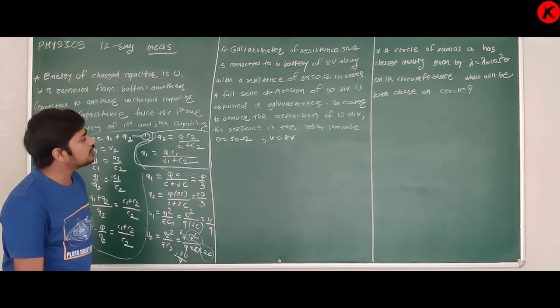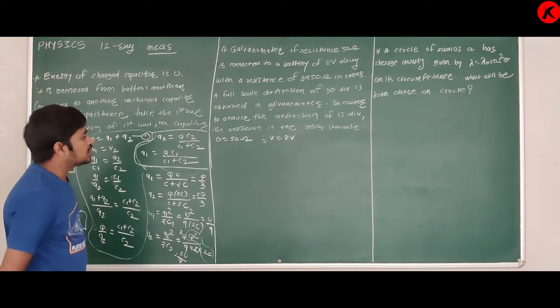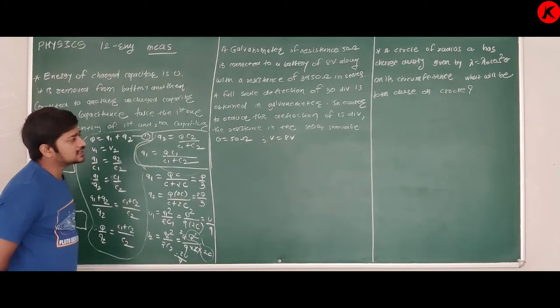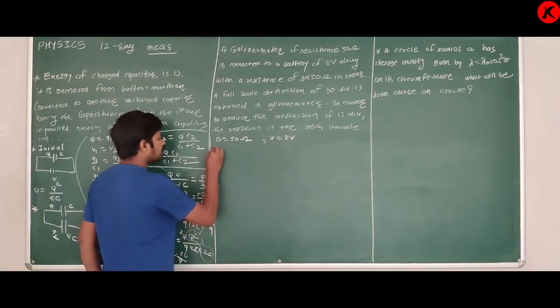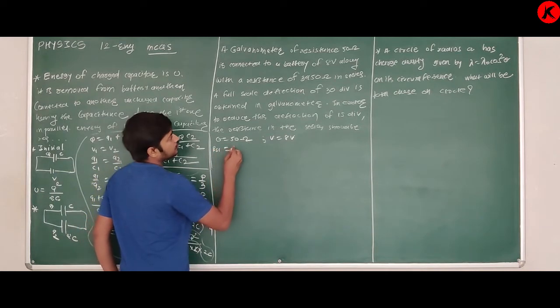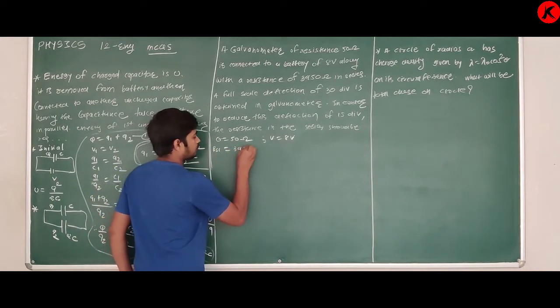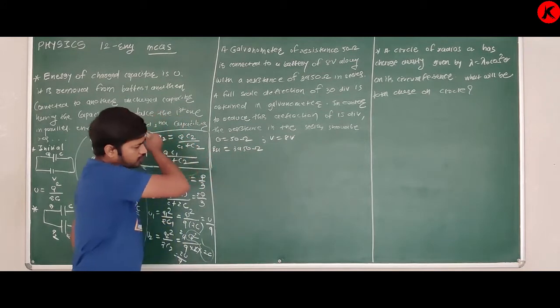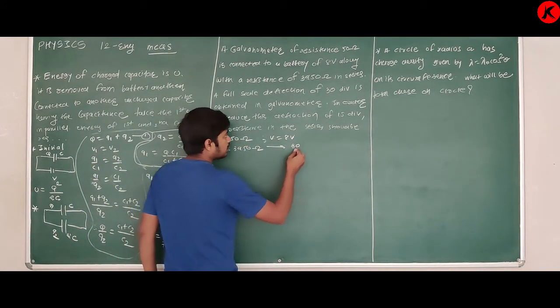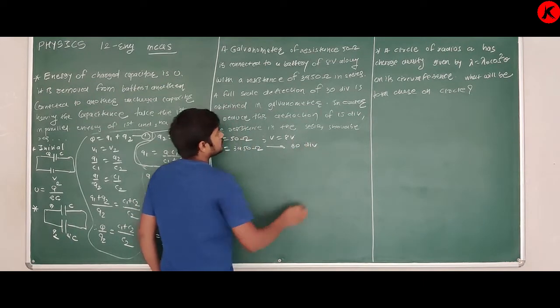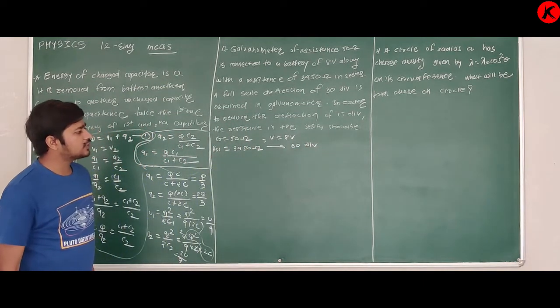In order to reduce this deflection to 15 division, the resistance in series should be what? Actually the question is RS1 is equal to 3950 ohm, and due to this, full-scale deflection is of 30 division.